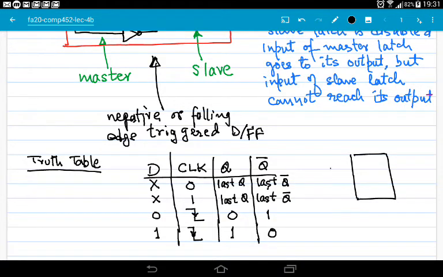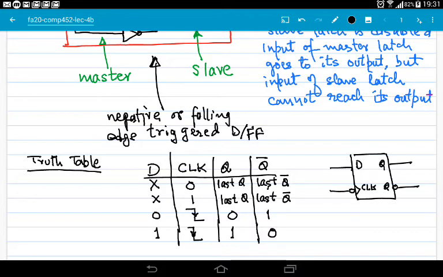Okay. So the circuit symbol of this flip-flop is like this. We have a D input. Here we have CLK. Here we have Q. And here we have inverted output.